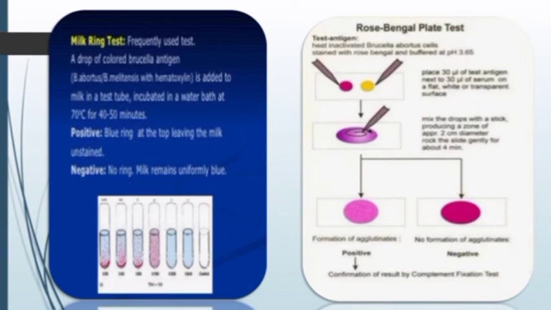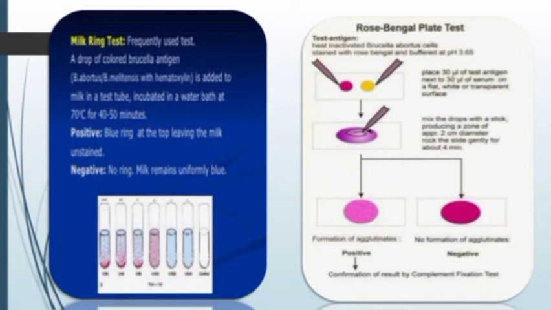Rose Bengal plate test. Test antigen: heat inactivated Brucella abortus cells stained with Rose Bengal and buffered at pH 3.65. Place 30 microliters of test antigen next to 30 microliters of serum on a flat, white or transparent surface.